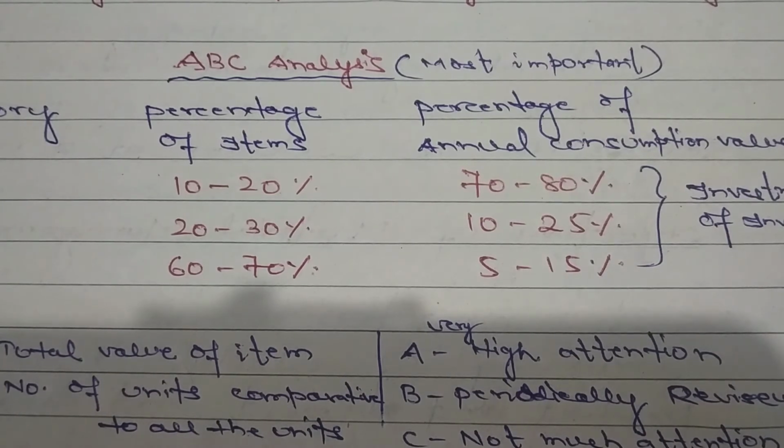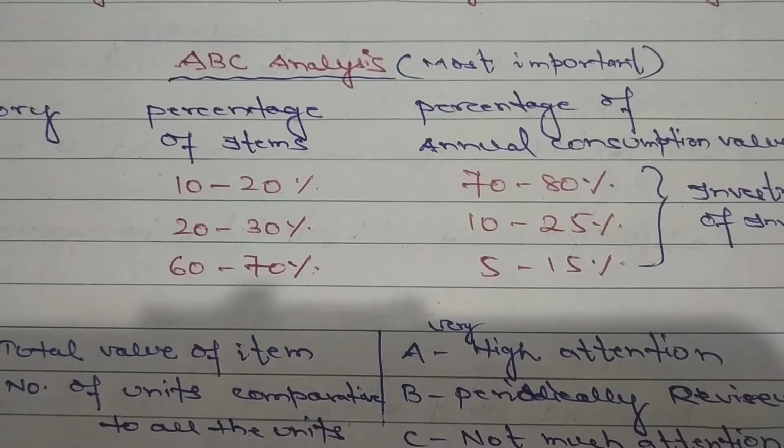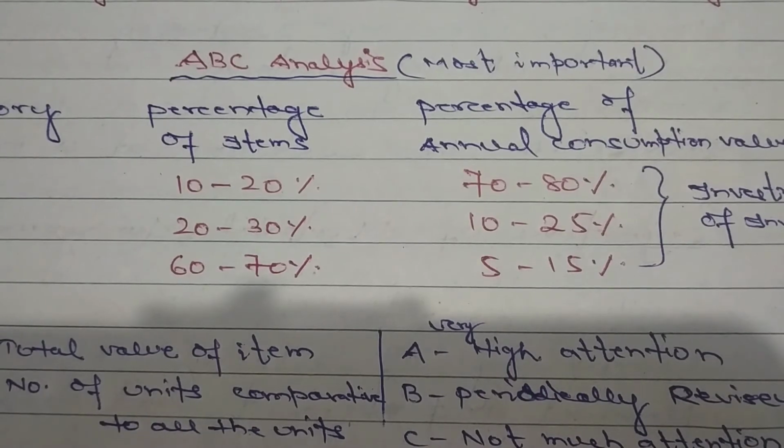There might be a possibility that some items are of very high cost, and some items have low cost, based on their usage.